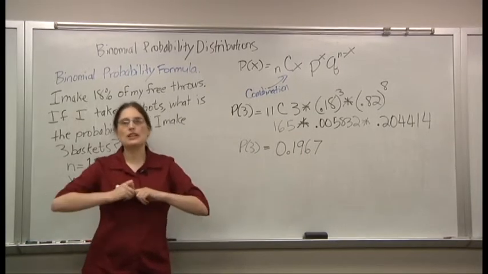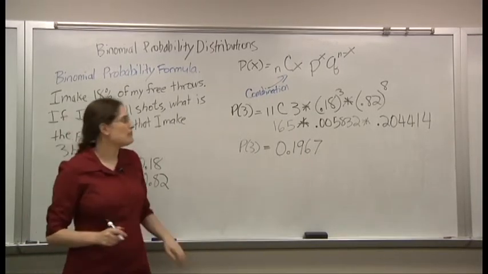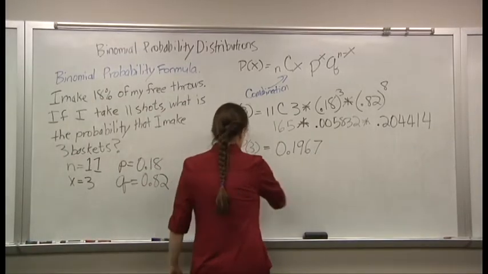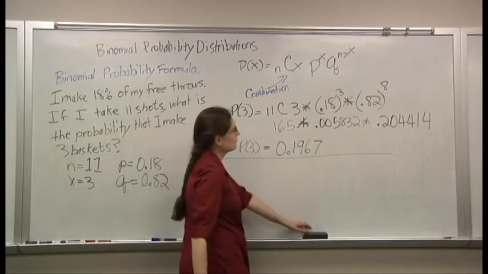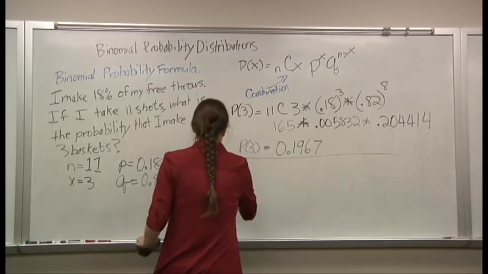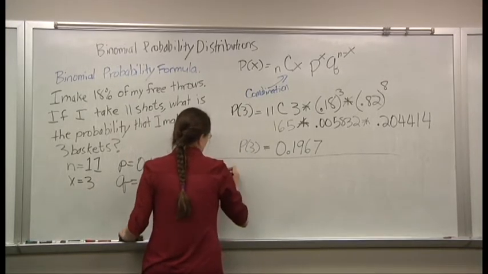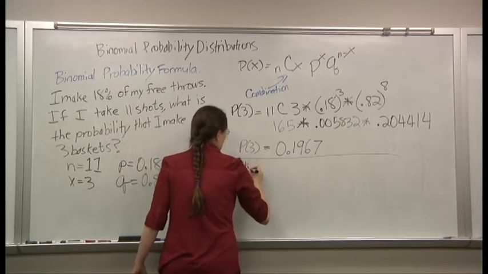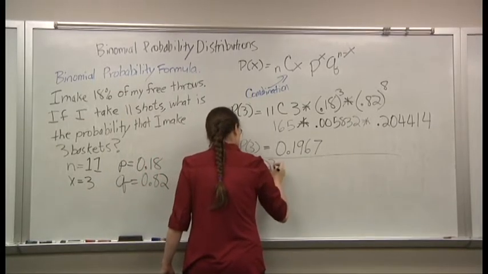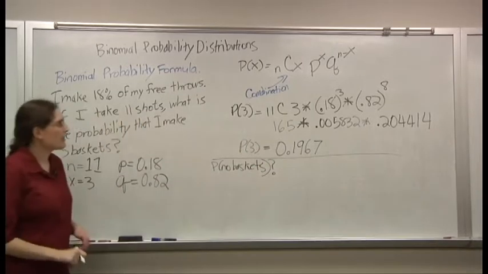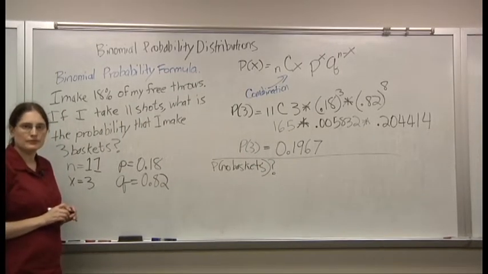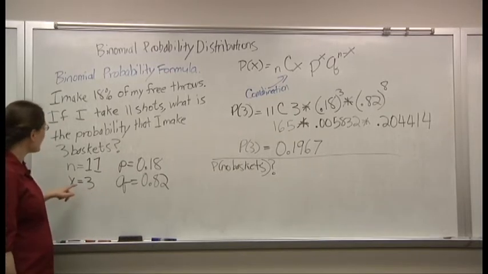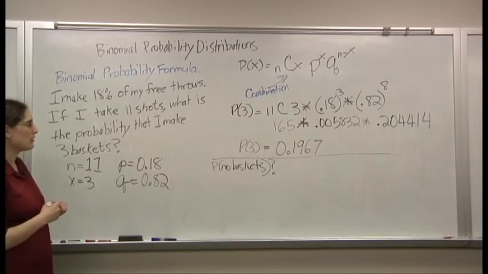What's the probability that I don't get any baskets? Try that one out. What would change? Only x. X is now 0.